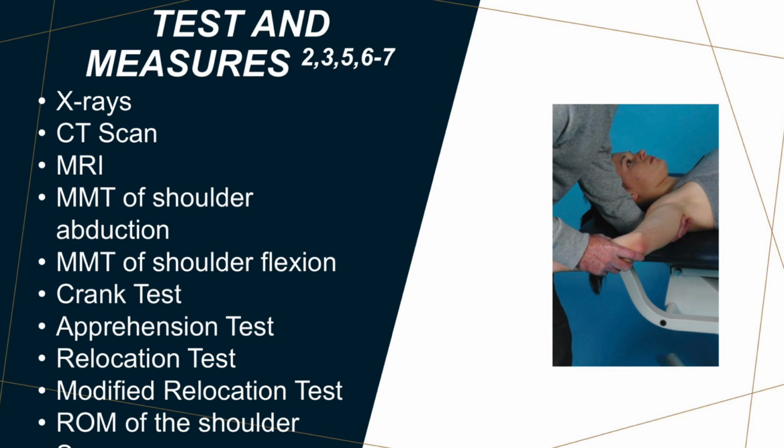Also, we can do MMT of the shoulder, which is abduction and flexion, because it involves the deltoid muscle, which also helps to test the function of the axillary nerve.